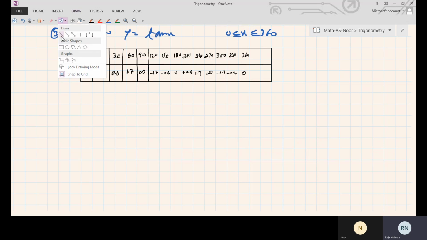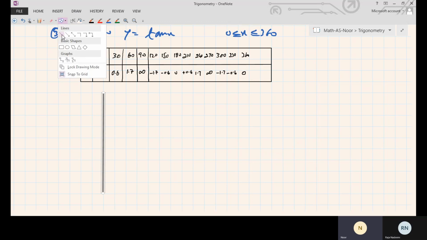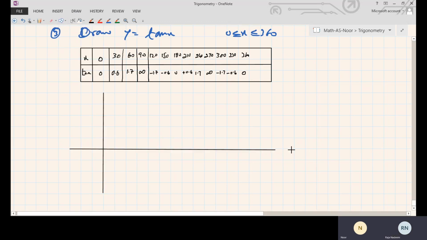All right. Why did we get a math error for tan 90? All right, so we'll discuss.